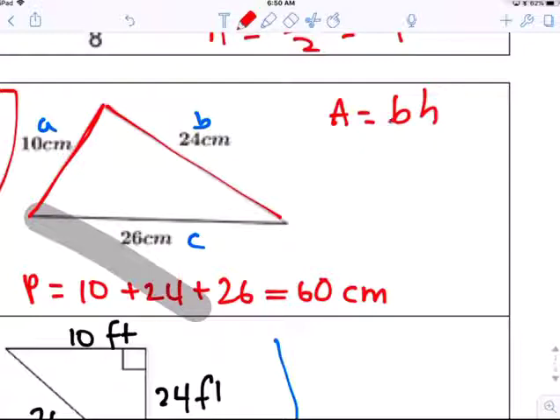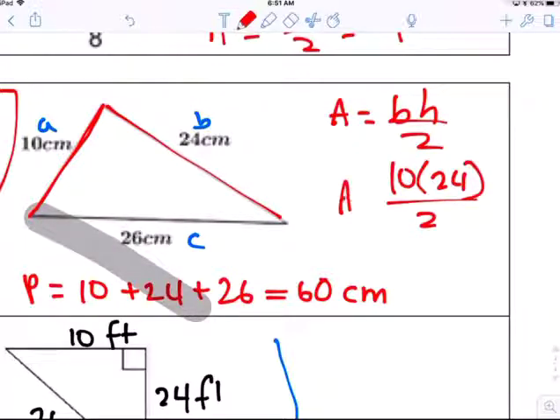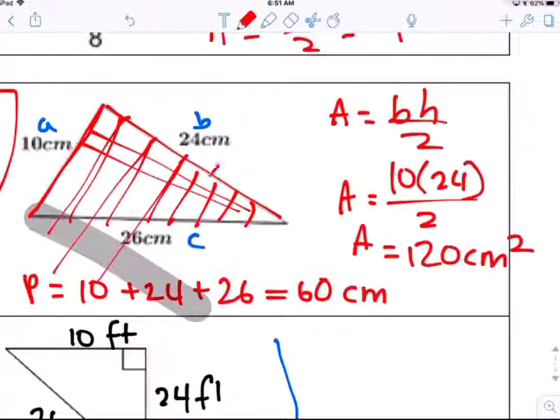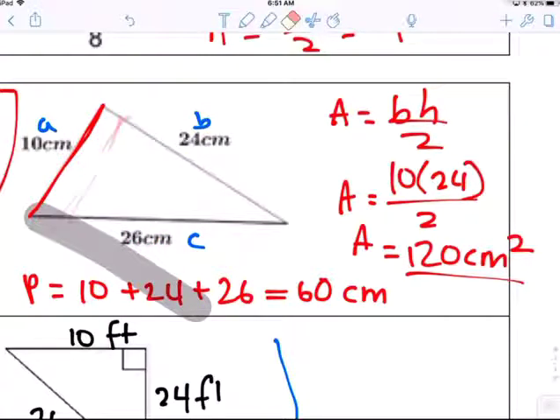Base times height divided by 2. So it's 10 times 24 divided by 2. Your answer for area is 120 centimeters squared. Because if we did 24 as a rectangle by 10, there's 120 little squares. That's what it means.